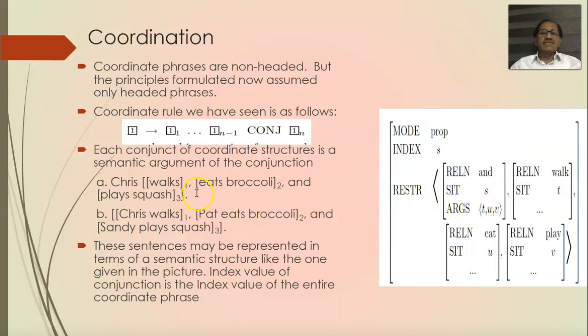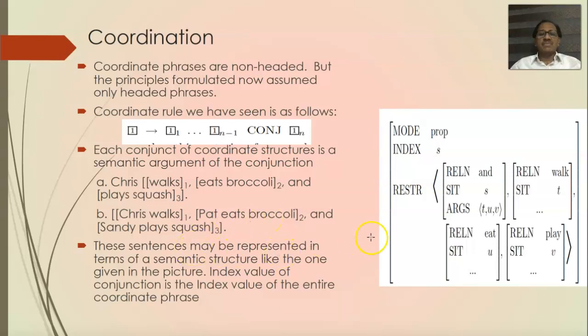So the different conjuncts here, walks, eats broccoli, plays, each one has a restriction value, right? And all of them are put together. Now look at relation and, situation S, and then it has three arguments T, U, V. T is walk, U is eat, V is play. Each one has a semantic structure, each one has a restriction value, and all the four restriction values are put together in a list for the coordinate verb phrase here or coordinate sentence.